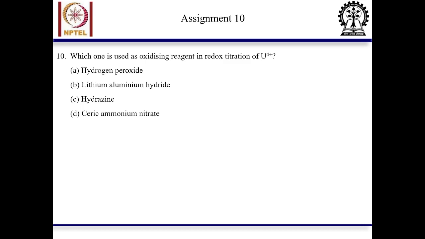In lecture number 47, the professor has nicely told you about this uranium 4 plus titration and iron 2 plus titration, and he has also given the voltage range, 0.3 to 1.5, how uranium 4 plus is down and Fe2 plus is up. So can you quickly tell me the answer to question number 10?